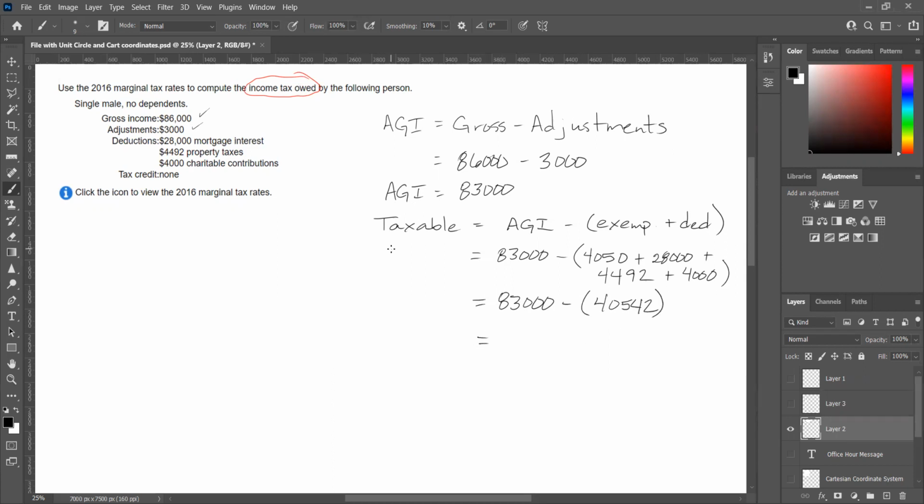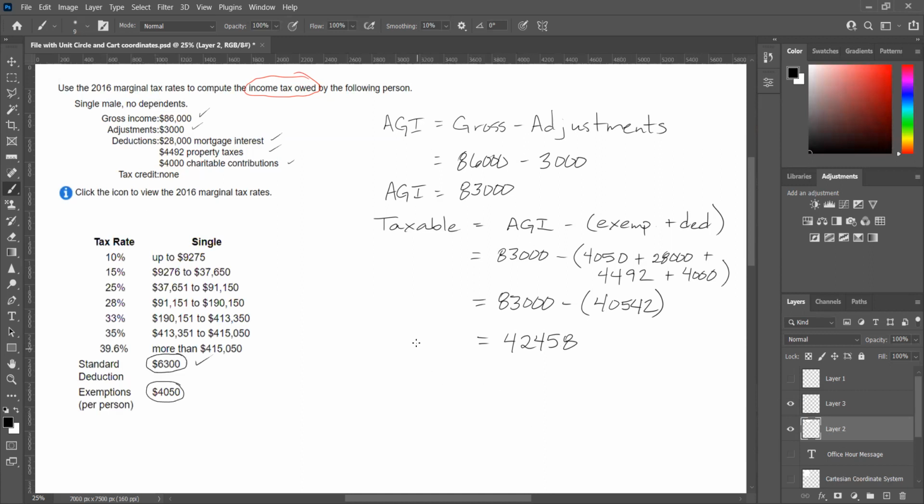And when I subtract that from 83,000, I get 42,458. So that is their taxable income. I'm going to now bring up the tax table here.